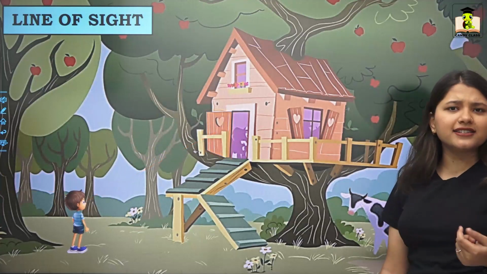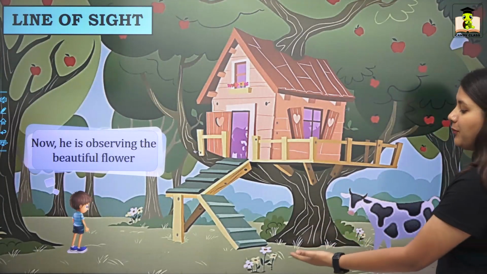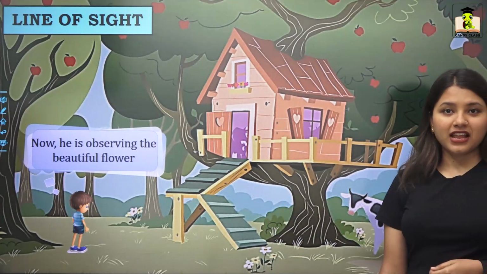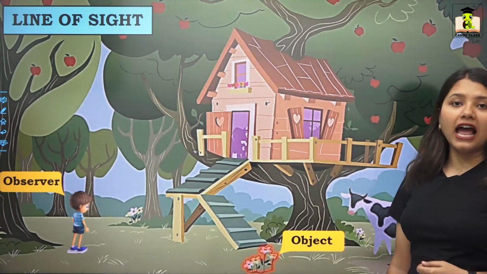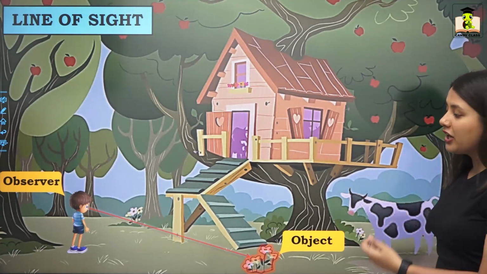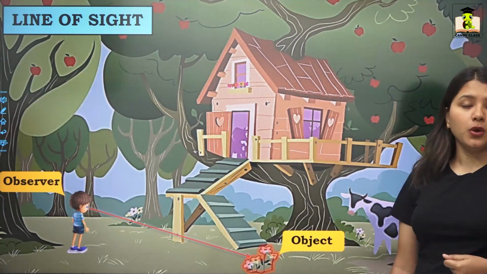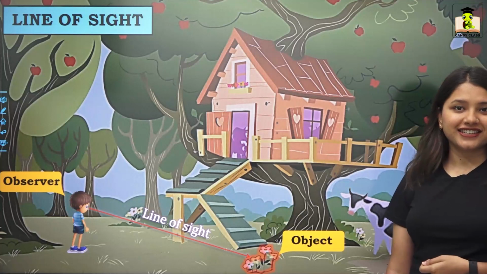Let's take another example. Now, Rohan is observing these beautiful flowers. So, in this case, the observer is Rohan and the object is flowers. And the imaginary line between these two is known as the line of sight.